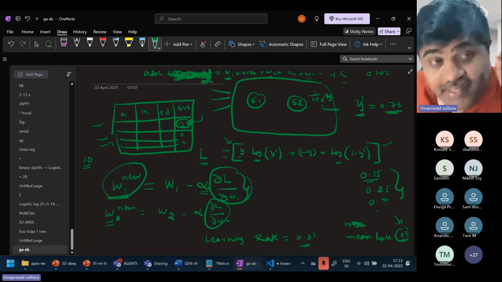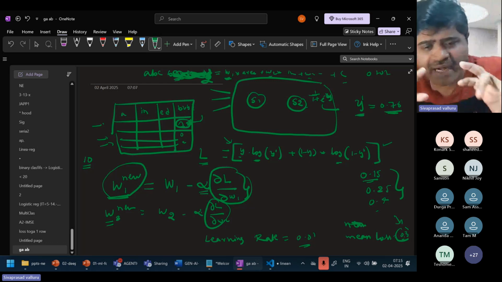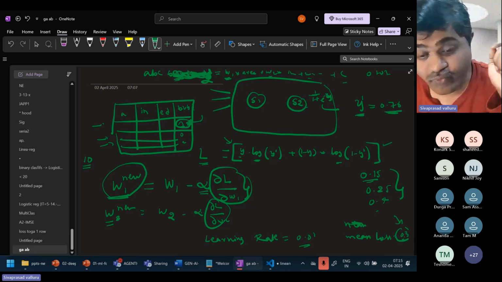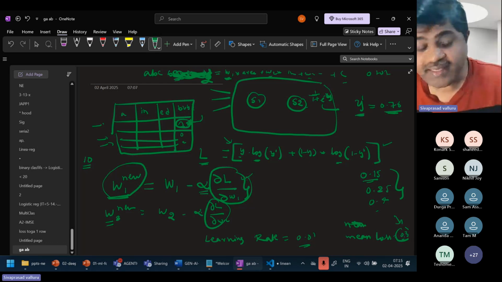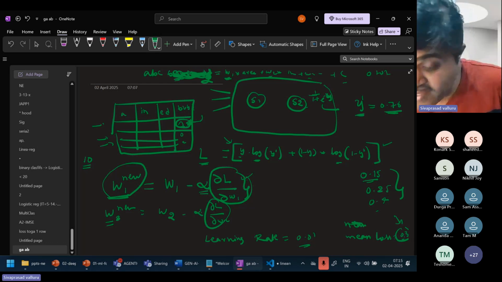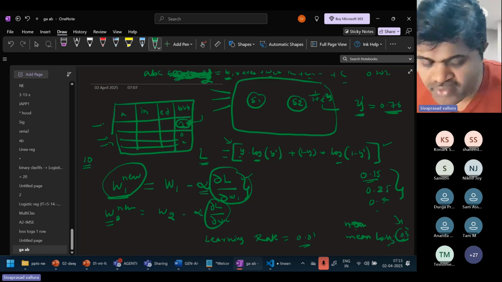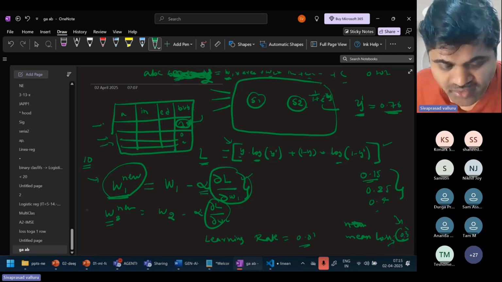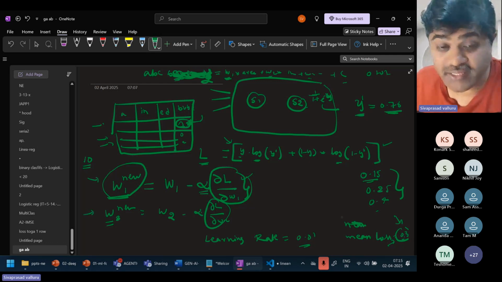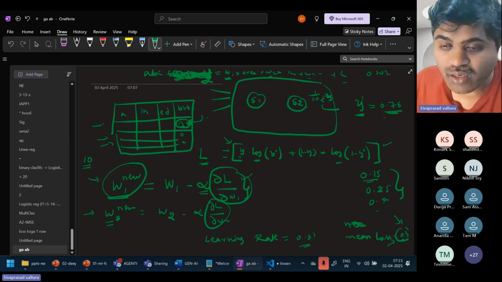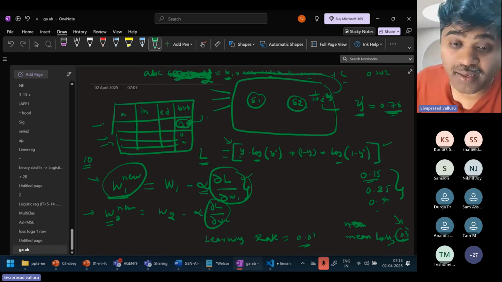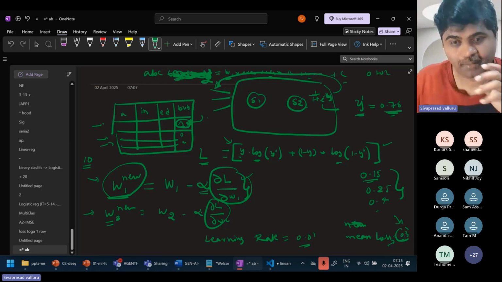These new weights are not just random weights; they come from a formula based on the losses. Based on the previous loss, we are calculating the new weights. That means the loss is back propagated. The loss we get is back propagated to the algorithm, and then new weights are calculated.